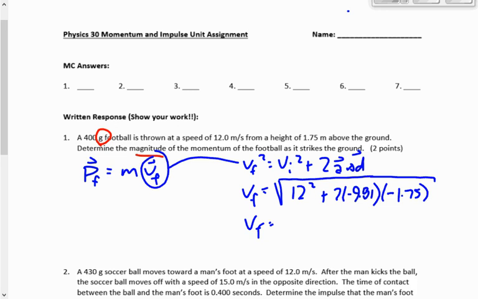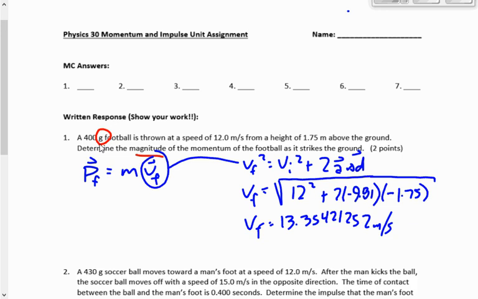I solved for this. The speed here is 13.3542122 meters per second. That's the final speed, not the final velocity. If it was thrown straight down, the final velocity would just be negative 13. We don't know which way this is thrown, so we don't know what the velocity is here, because we don't know if it's thrown down or up or at an angle or whatever.